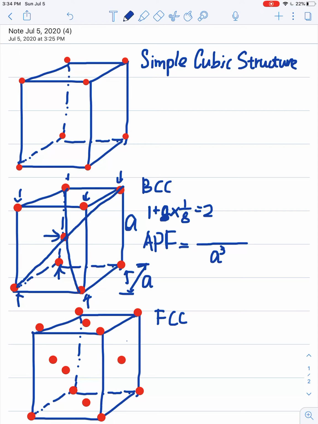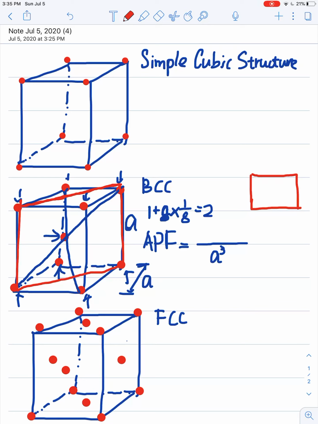Then if we know the length is a, how can we find out the volume of the atoms? Here we use a sphere model. Even though I drew the atoms at each corner, actually atoms touch each other if you look at the overhead slides. Let's cut this unit cell along the body diagonal plane, and let's draw the cross-section area.